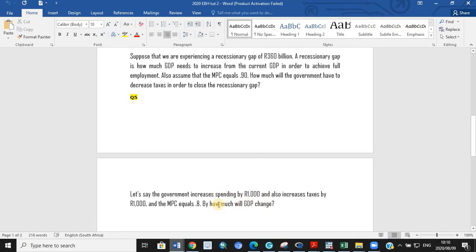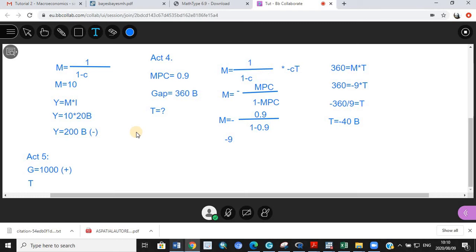It also increases tax by 1,000. I'm also going to write this just to show that it's an increase.